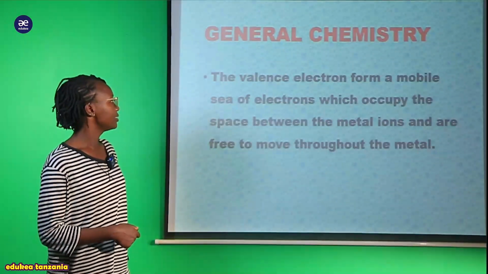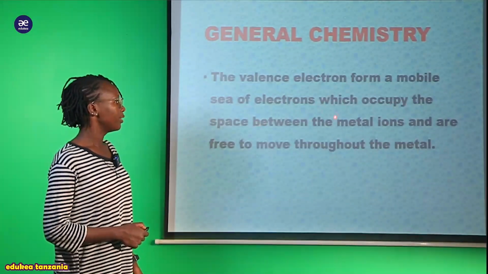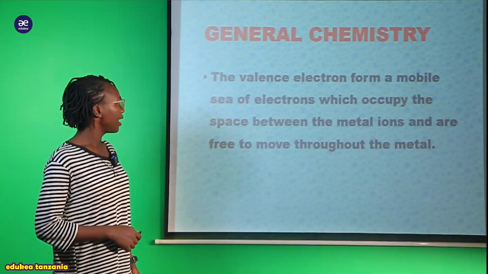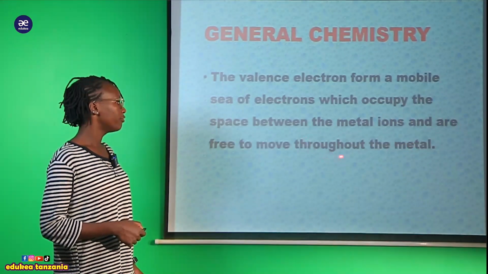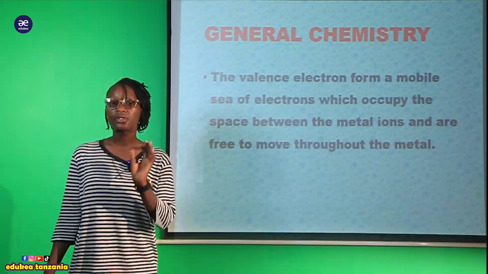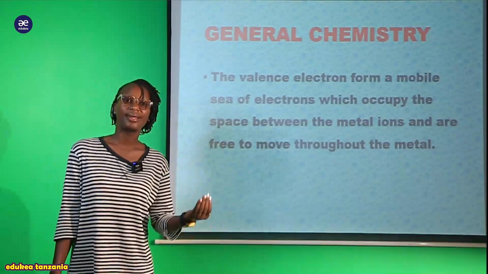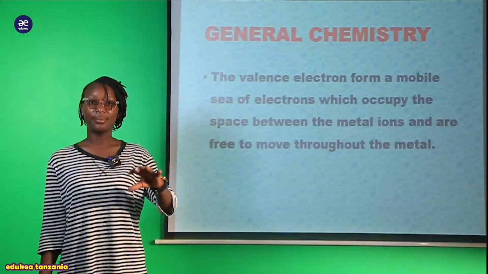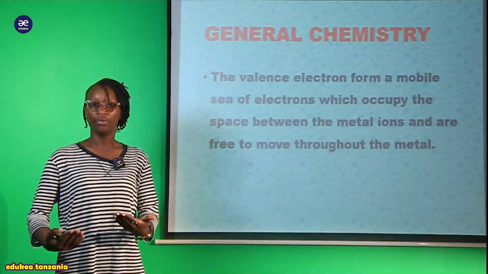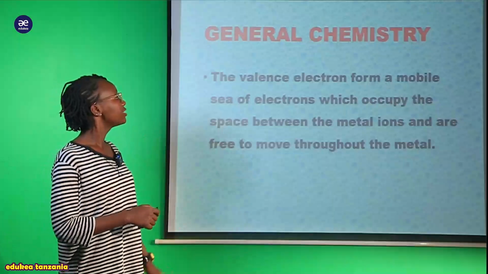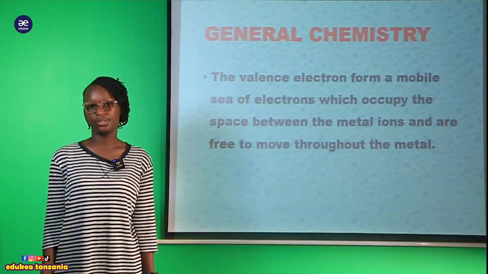So here you can see that the valence electrons form a mobile sea of electrons which occupy the space between the metal ions and are free to move throughout the metal. When we talk about mobile, it is something that can move, because we have mobile and stationary. Stationary means something which is fixed, but mobile is something which can move. The valence electrons are the outermost electrons.